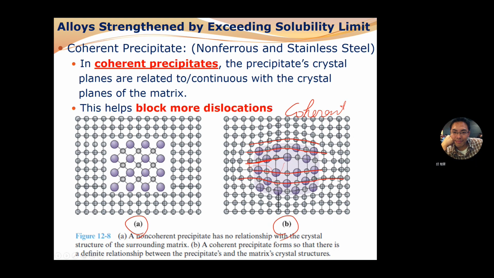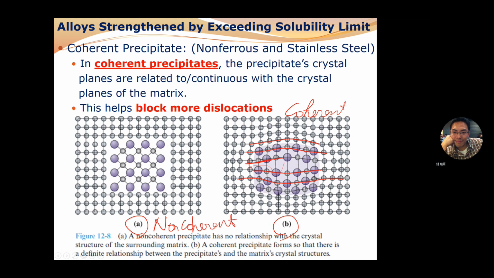Okay. For the non-coherent precipitate, the precipitate's crystals are not related or are discrete with the crystal plane of the matrix. Therefore for this figure A, it's non-coherent.